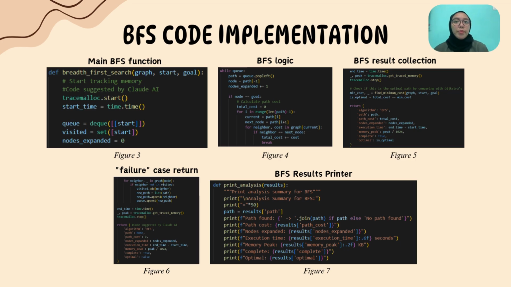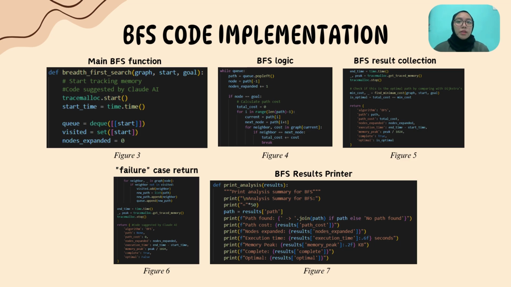For the main BFS function structure, the core component is that it uses a deque for the first in, first out queue implementation, and it tracks performance metrics such as memory usage and execution time. It initializes a visited set for cycle detection, and a counter for expanded nodes. Please note that BFS is using a queue, which is first in, first out.